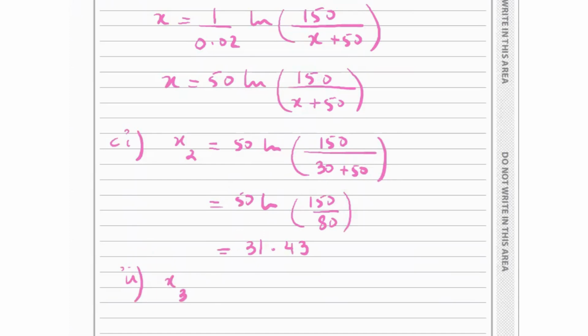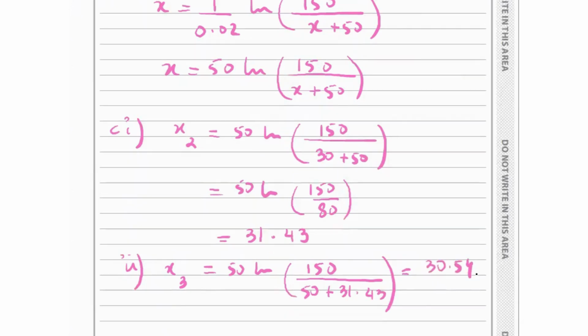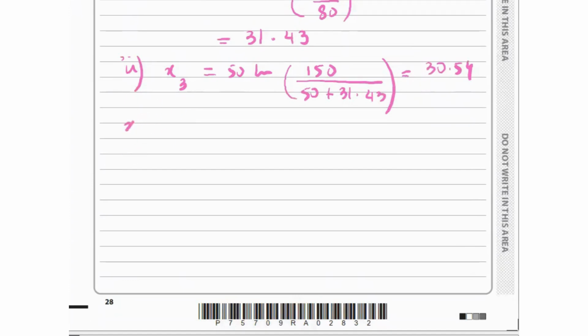So for x3, it's going to be 50 ln of 150 over 50 plus 31.43, which gives the value of 30.54. Then we're going to repeat this again to find x4. That's going to be again 50 ln of 150 over 50 plus 30.54, which gives a value of 31.09.